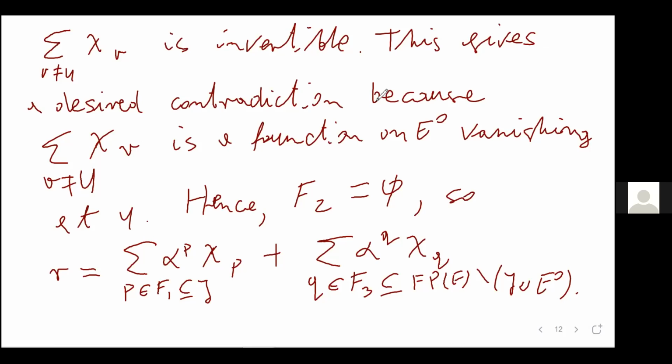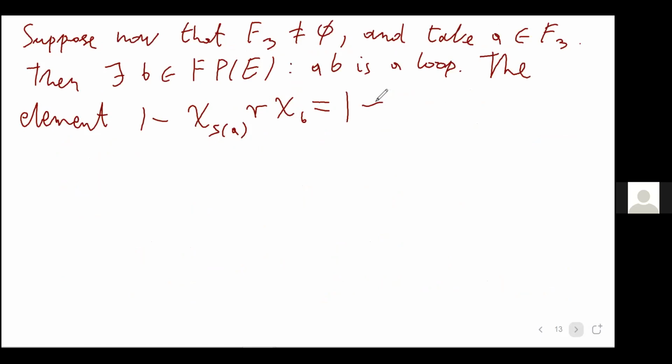But if it does compose with P or Q, then I have PB or I have QB. And I already know that P starts at SA. But remember, AB is a loop. So the end of B is the beginning of SA. So this means that the end of PB and the end of QB is the end of B, but the end of B is the beginning of A. So this means that only loops survive, when I have a sum and have this multiplication. So this is what I will attempt to write right now.